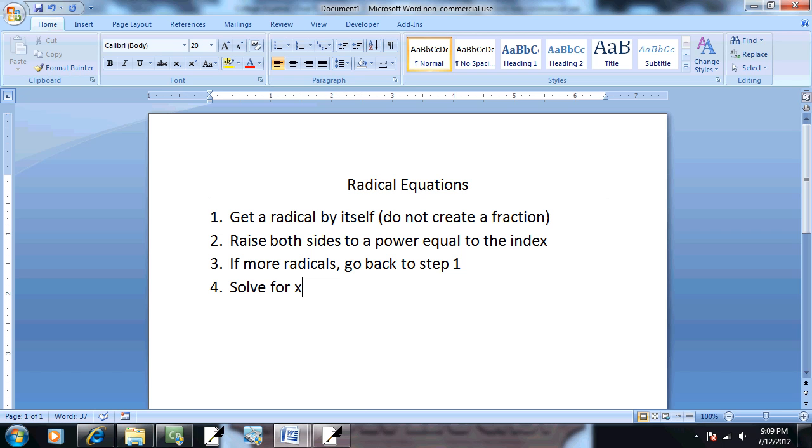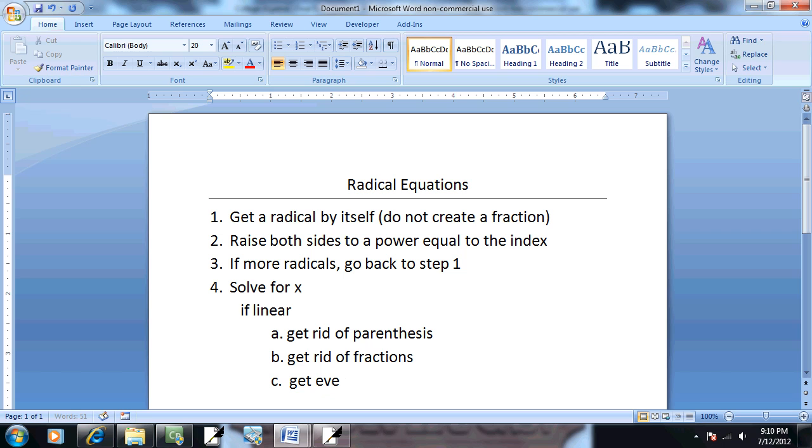Now at this point, it's going to be either a linear equation or a quadratic. If linear, where everything's the x to the first power, then we're going to get rid of parentheses, and we do that via the distributive property. Then we'll get rid of fractions. We do that by multiplying everything by the LCM of all their denominators.